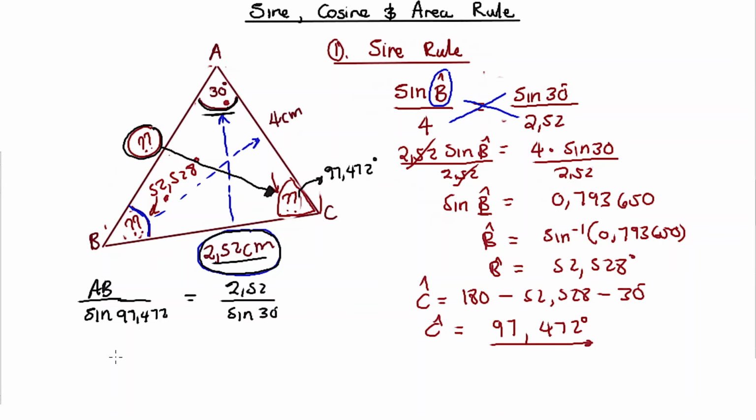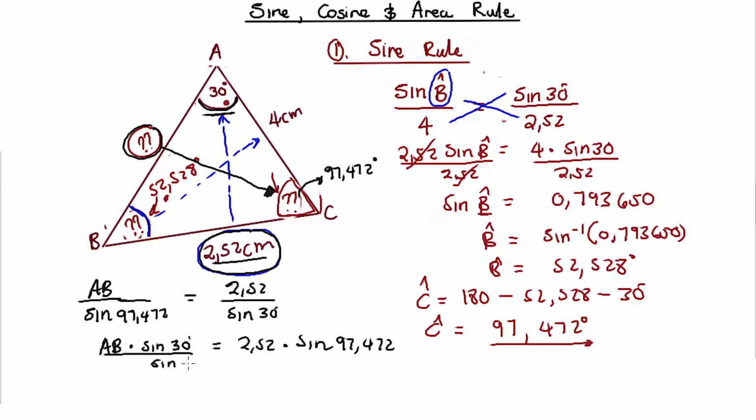Cross multiply. Then AB multiplied by sine 30 equals 2.52 multiplied by sine 97.472.